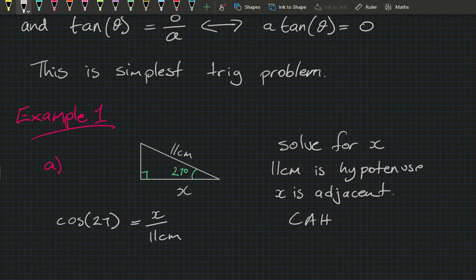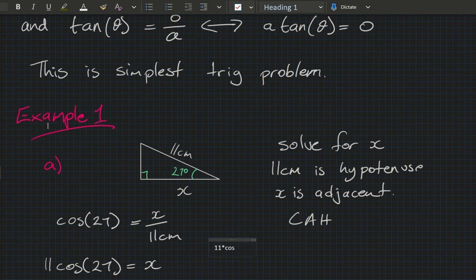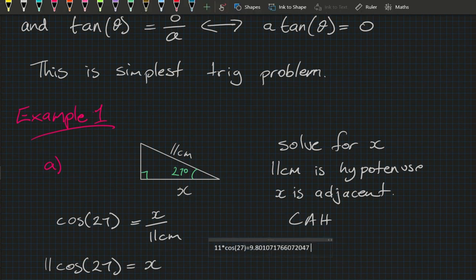So multiplying both sides by 11, we now get 11 times cos of 27 equals x, ignoring the centimeters for now. So if we pop that in the calculator, we can see the answer there, and if we round that off to 2 decimal places, we get x is equal to 9.80.